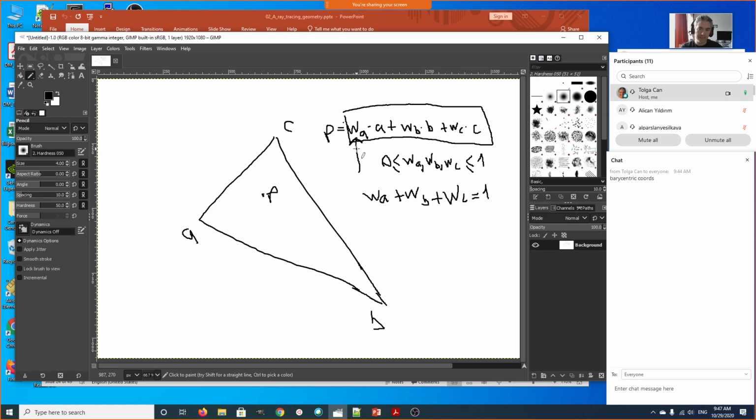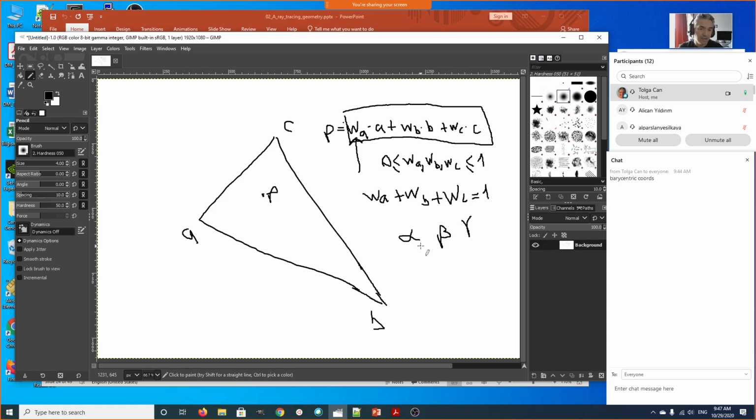Any point inside the triangle can be represented by these three values, WA, WB, WC. On the slides, we're going to call them alpha, beta, and gamma. So these will be our weights.